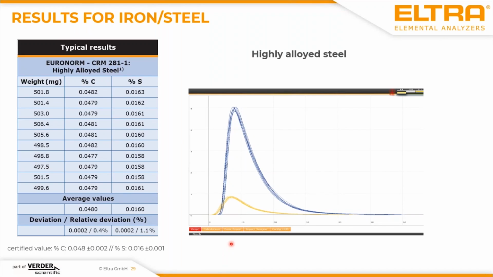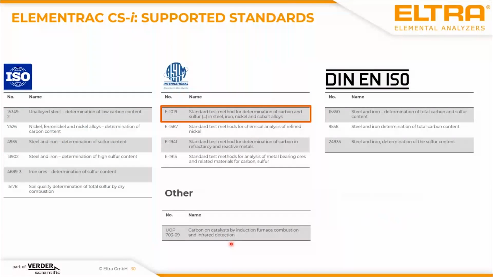It's not only the final product which needs to be tested, it's not only about the result itself, but also the way you receive the result is important for many customers, because all of you operators usually comply to one of these international standards. It might be ISO, it might be ASTM, it might be DIN.